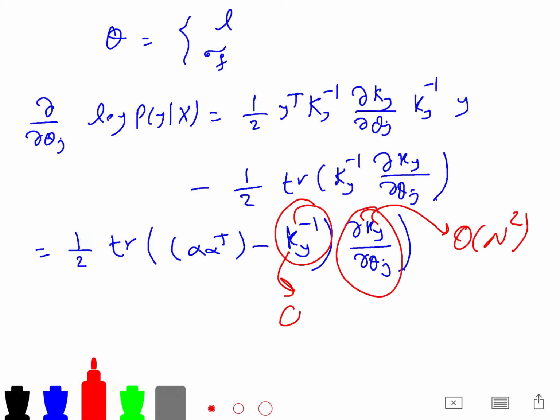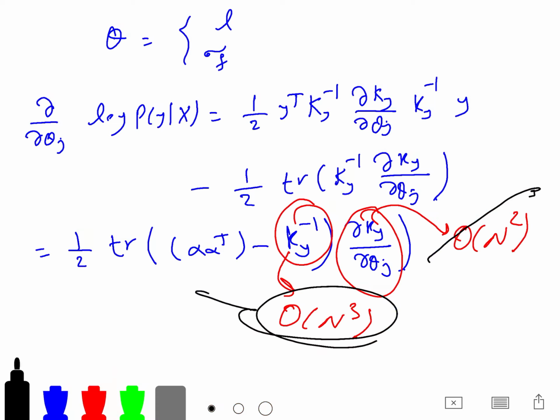And this is a problem because it takes order of n cubed time to compute Ky inverse. But you know from computer science that you don't care about this because this one is much higher. So in general, the order of complexity is n cubed, and now we use standard gradient-based optimization.